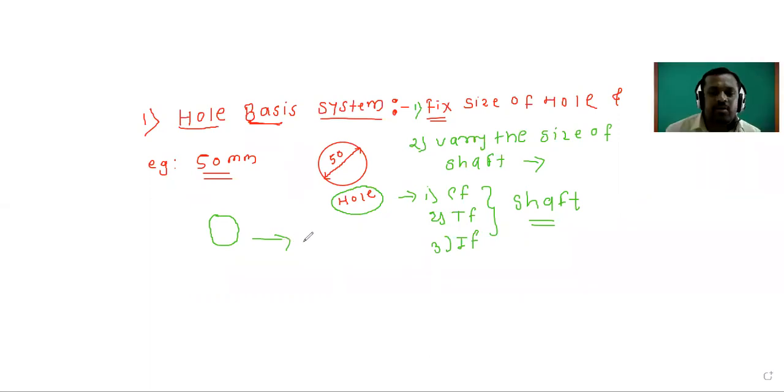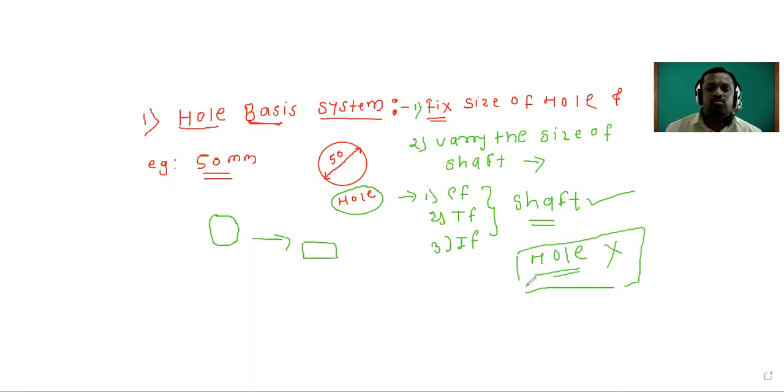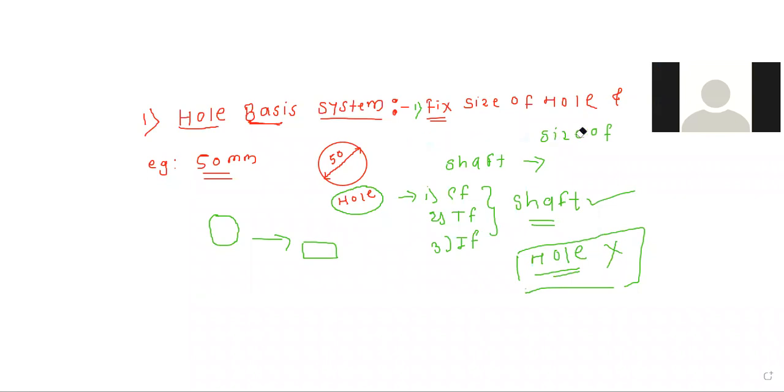Only the shaft we have to vary. Whether the shaft is made smaller or bigger depends on which fit we require. Here in the hole basis system the size of hole should not be varied. We have to fix the size of hole. This system is called the hole basis system. Understood? Yes, sir.